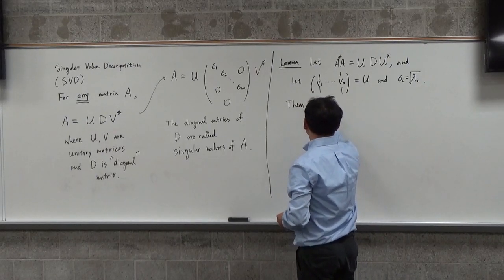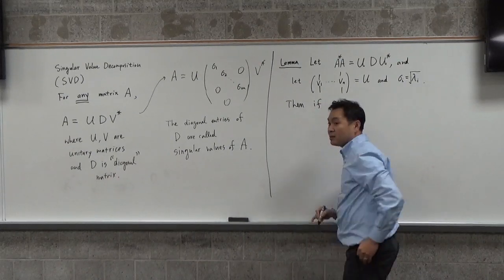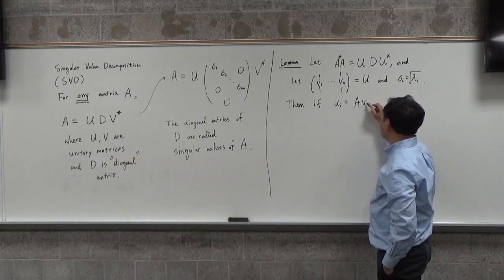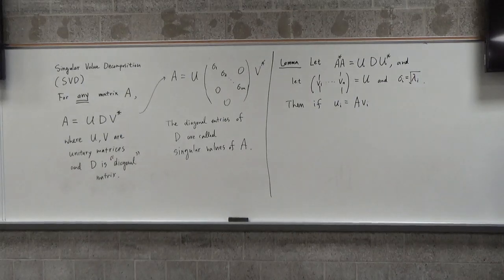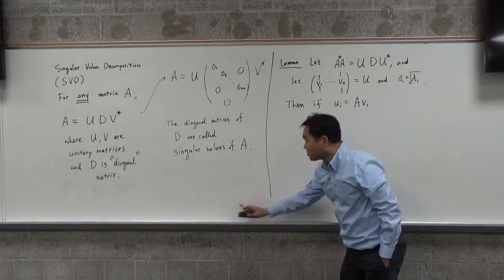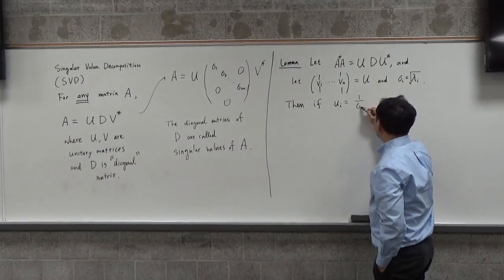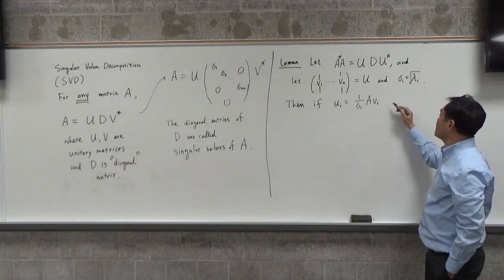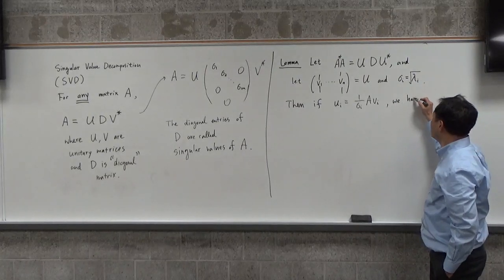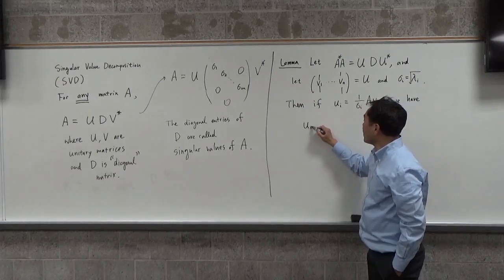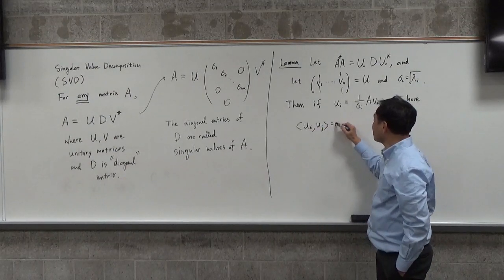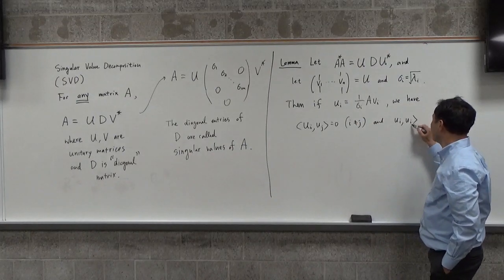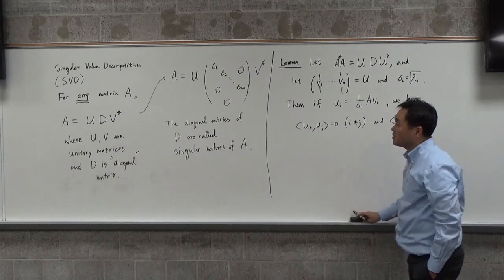Then, if the U_i's are defined as 1 over sigma I times A applied to Vi, we have the inner product of Ui and Uj equals 0 for I not equal to j, and the norm of Ui equals 1.